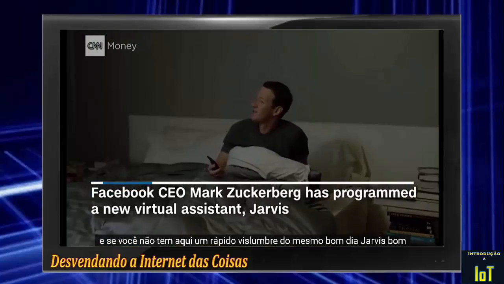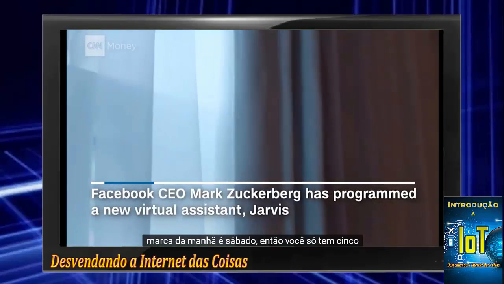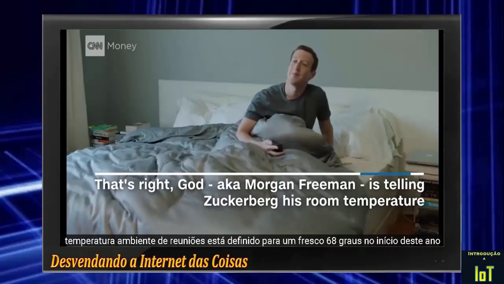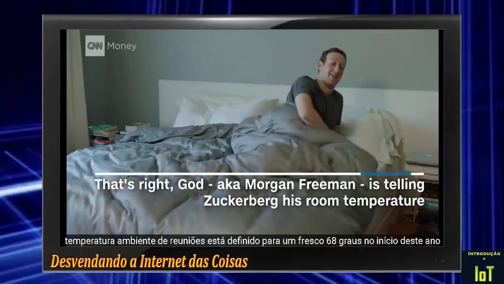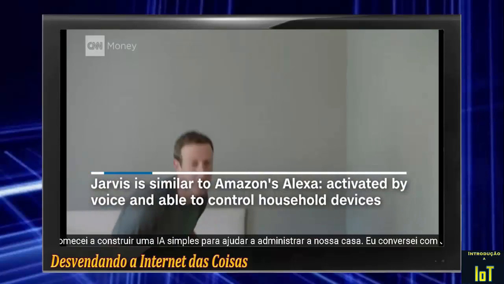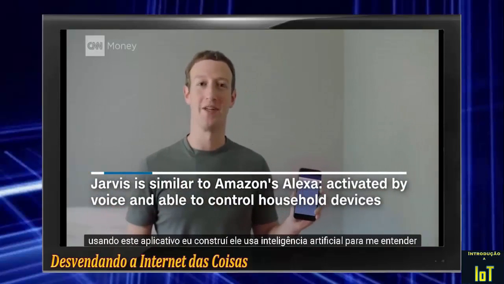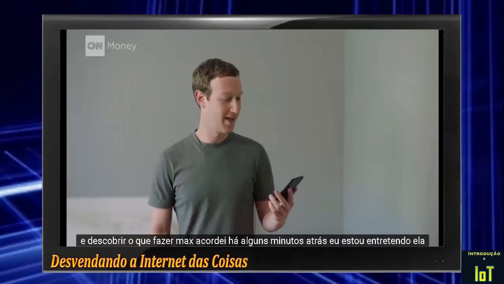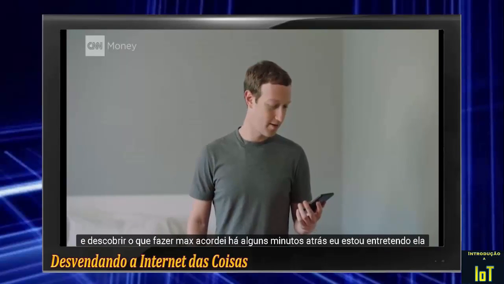Good morning, Jarvis. Good morning, Mark. It's Saturday, so you only have 5 meetings. Room temperature is set to a cool 68 degrees. Earlier this year, I started building a simple AI to help run our home. I talked to Jarvis using this app I built. It uses artificial intelligence to understand me and figure out what to do. Max woke up a few minutes ago. I'm entertaining her.